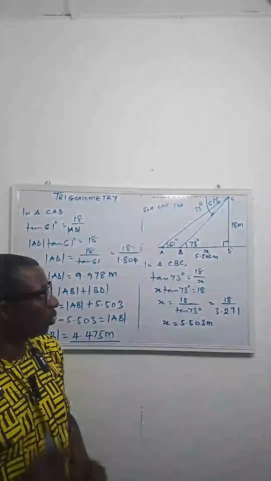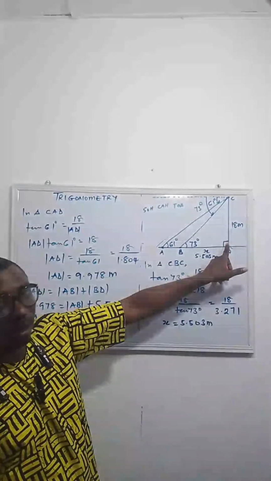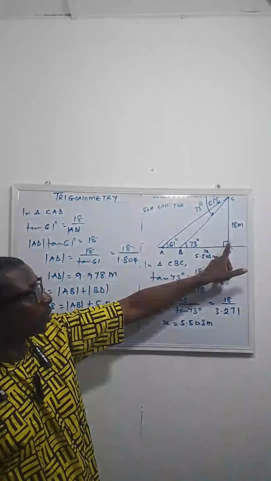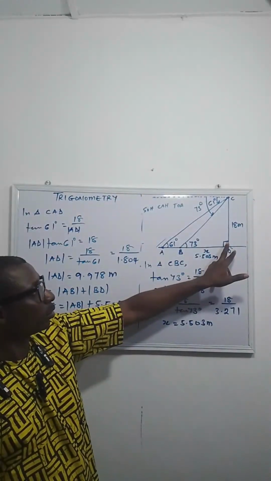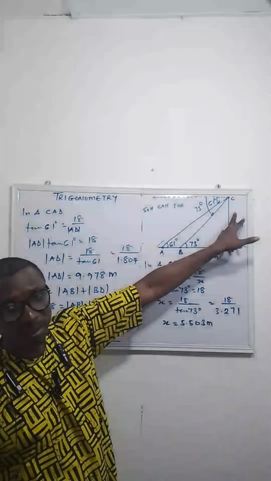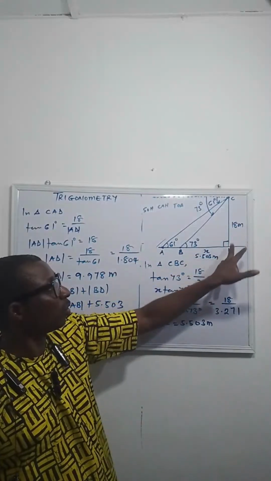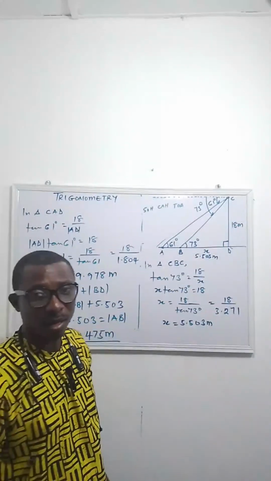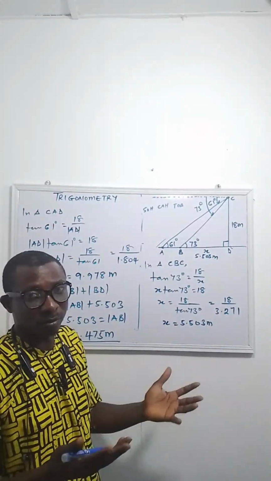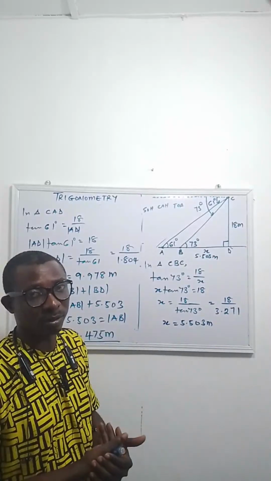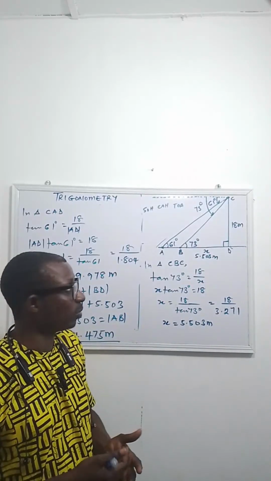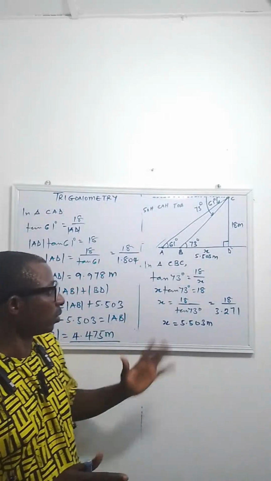So let us take note of it, because there's always a mark awarded to all of these things. Always remember to show the side that is given; there's always a mark. If you fail to put all of this, you'll be losing points, and that will be so bad. All right, so that is that.